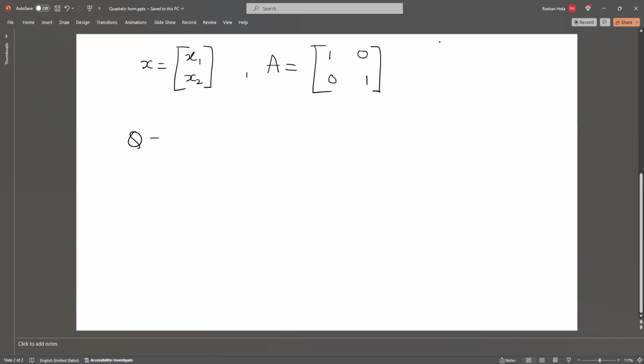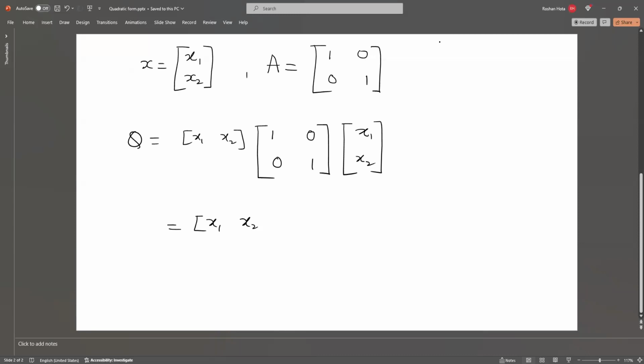The quadratic form Q will be given by X transpose, which is x1, x2, multiplied by A multiplied by the vector X. If I perform this matrix multiplication, I will end up with this expression, and finally I end up with this expression.